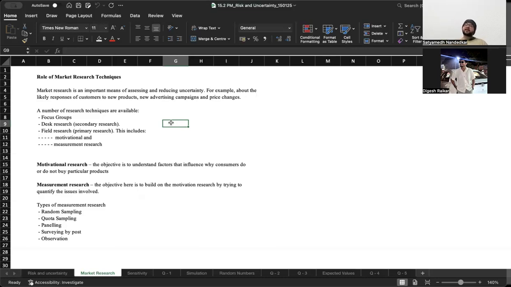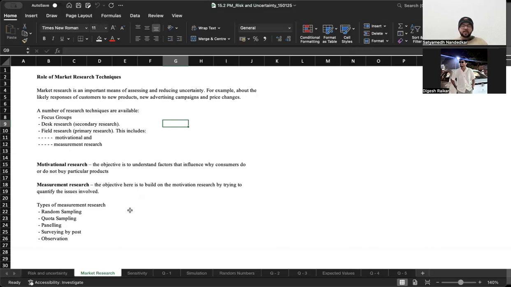Somebody else collected the data, and then you put that data together, and now you are doing research, or you are analyzing that data to find out any trends and relationships and patterns. That is desk research or secondary research. You did research on somebody else's primary research. That is desk research. Now, within field research, there are two categories.